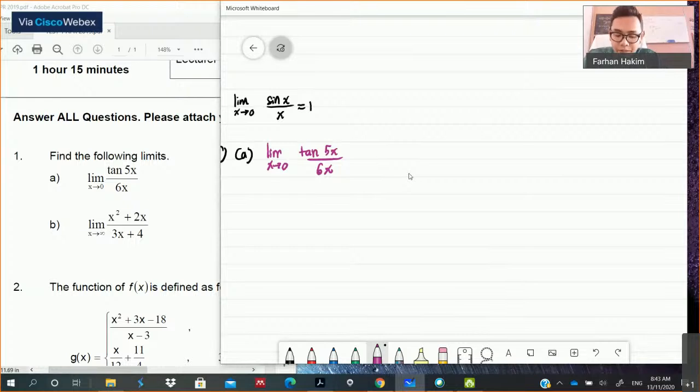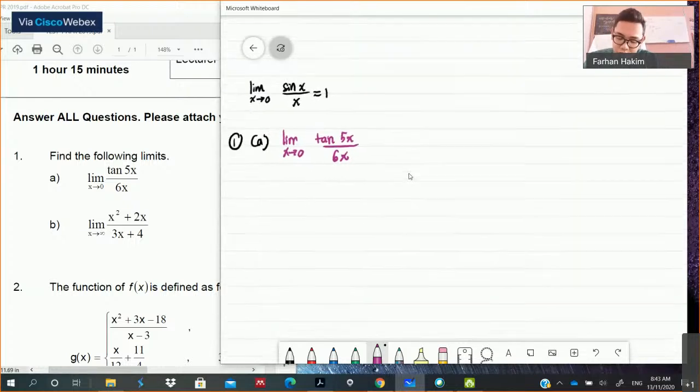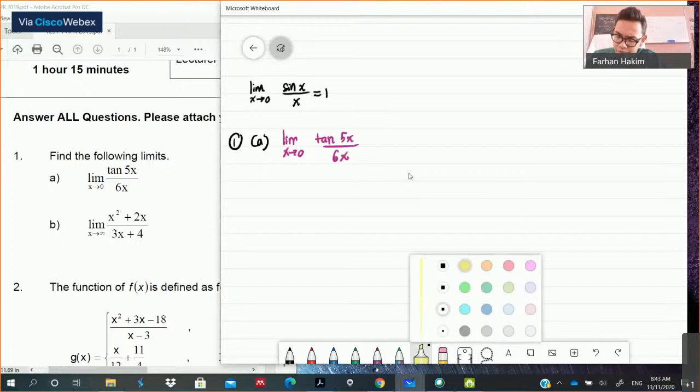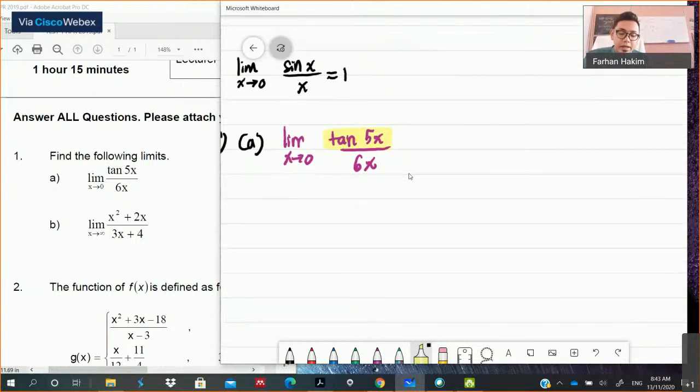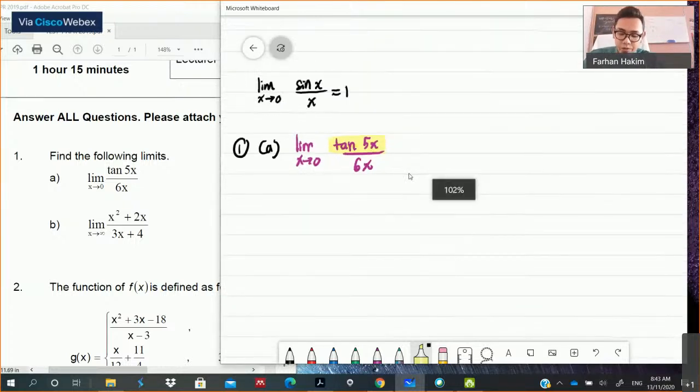The strategy is to change the tangent. If you try to substitute the value of x is 0, we'll get the 0 over 0 case. So what we need to do is to substitute the tangent into sine over cos, because we know that the identity for tangent is sine over cos.